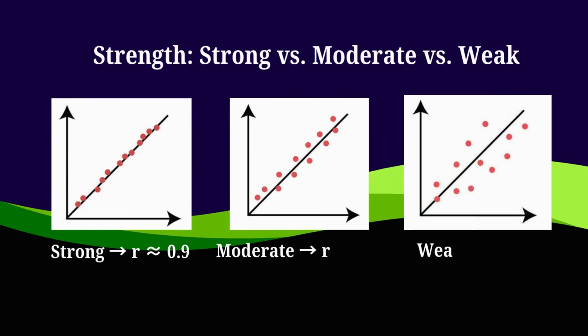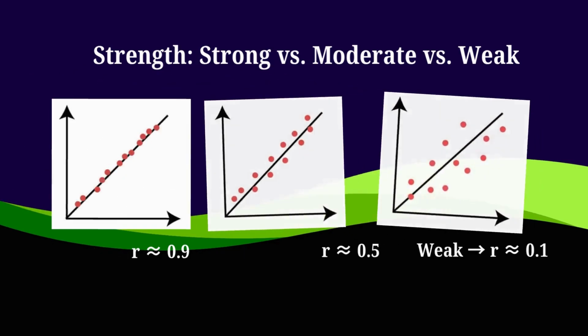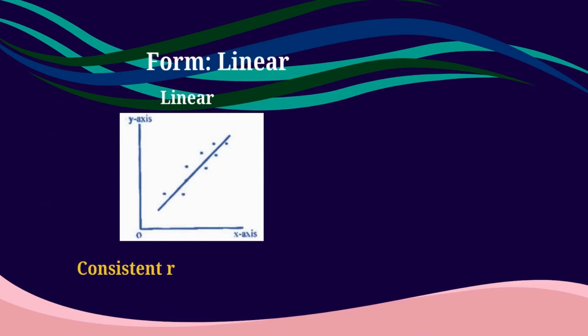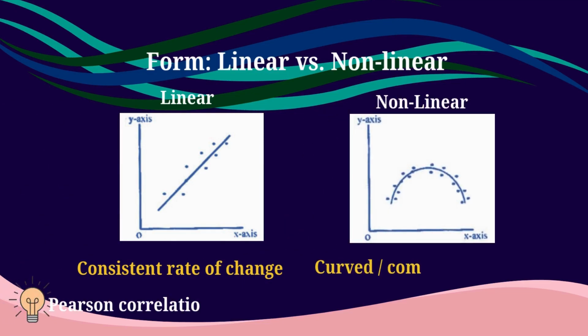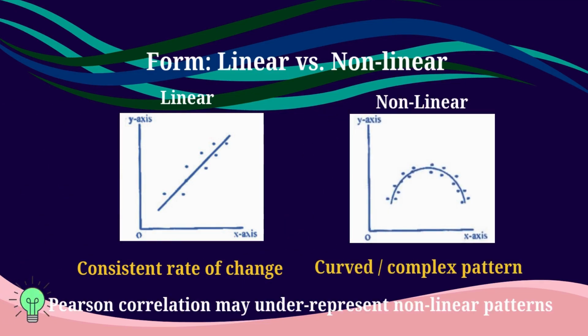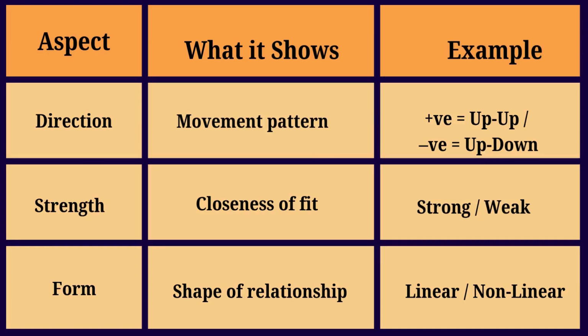When they are loosely scattered, correlation is moderate or weak. Most commonly, we consider linear relationships, where changes happen at a consistent rate. But sometimes relationships are non-linear, curved or in complex form. And in those cases, standard correlation may underrepresent the true relationship. Together, direction, strength, and form help analysts understand not just if two things are related, but how they move together.